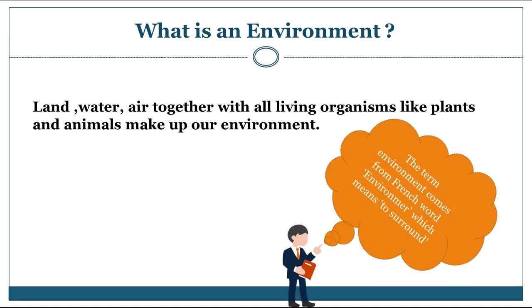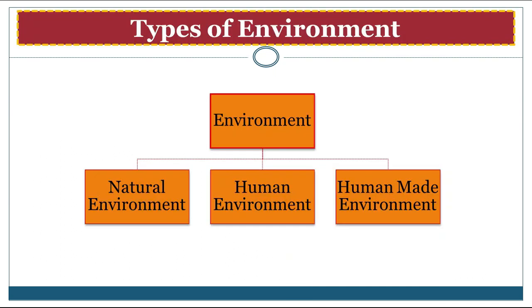The term environment comes from the French word environnant, which means to surround. Now the environment can be divided into different categories, and these three categories are natural environment, human environment, and human made environment. Now let's study about these types of environment one by one.